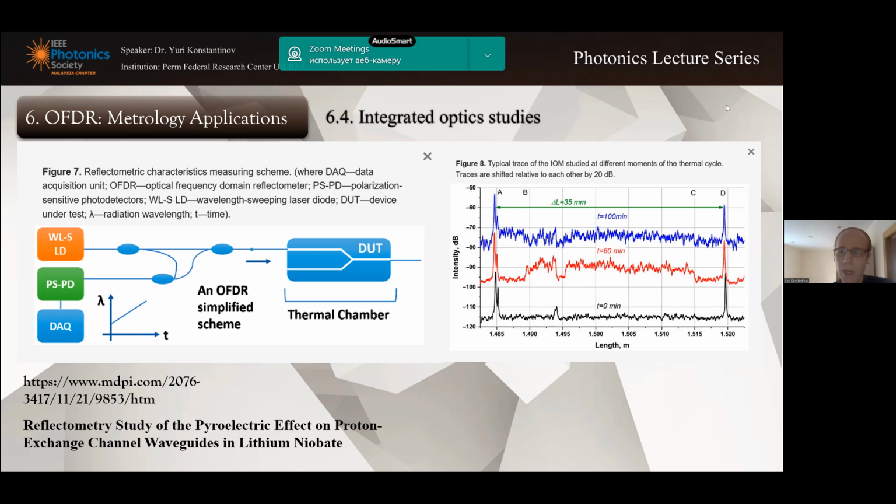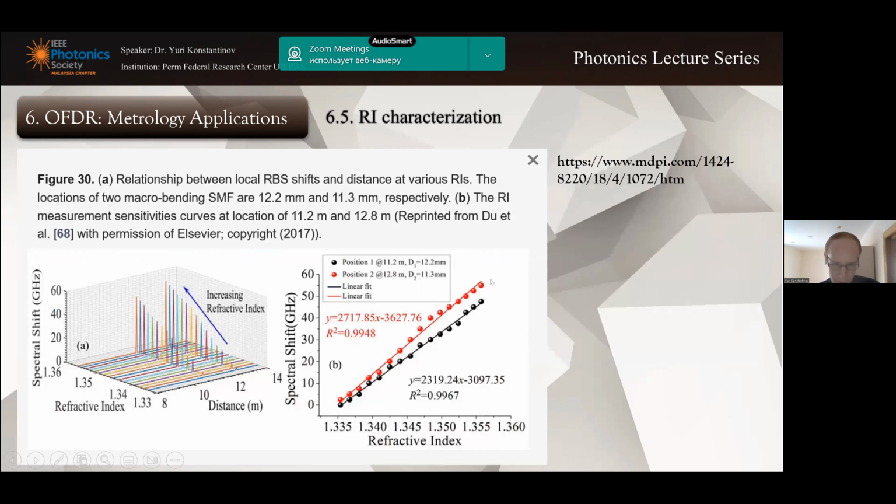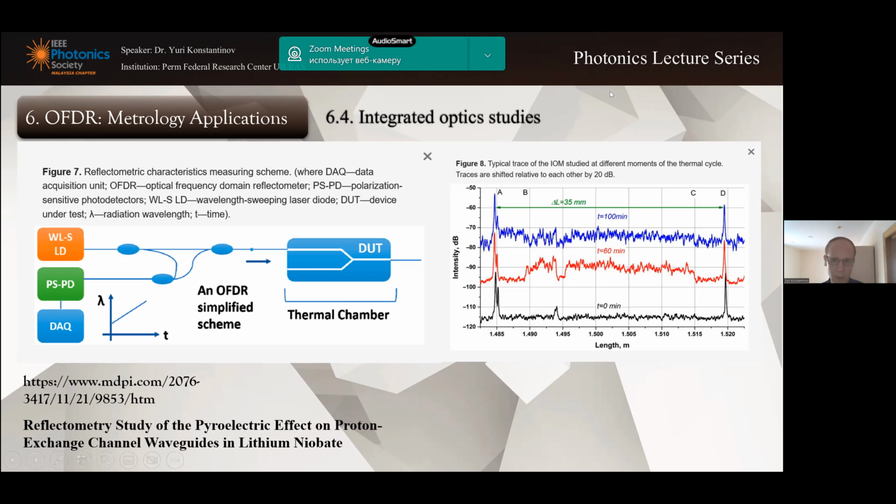You can see in this graph that the length of this modulator is about... maybe this is some misprint. It should be about 5 centimeters.